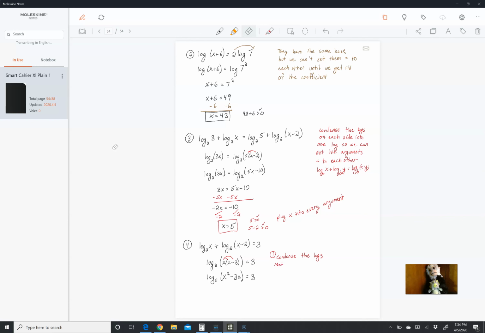So we'll call this method 1. Again, it's whatever you're most comfortable with. I don't really care. This is method 1. So your next step would be to put in exponential form.